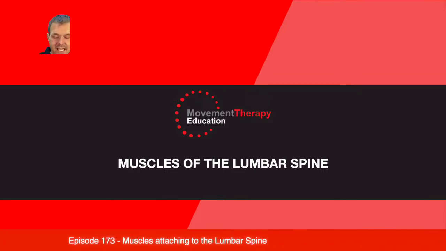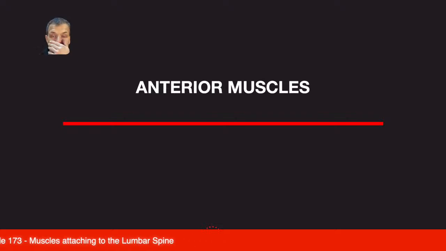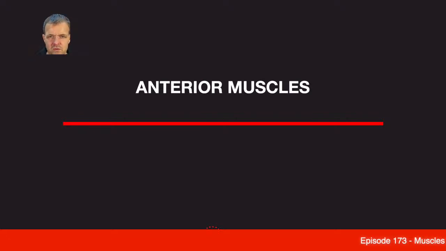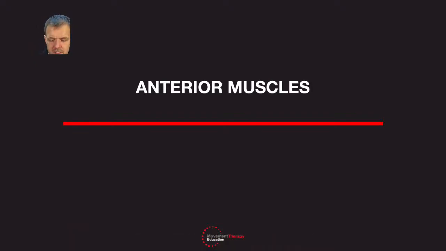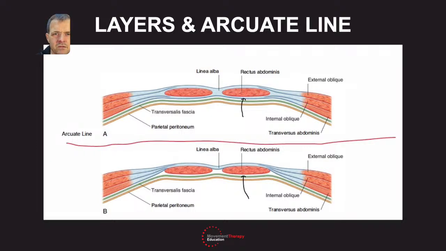Okay, so let's get you guys going. We're going to have a look at the anterior musculature first, and the abdominal region, if you like. So the muscles at the front, the six-pack area. Let's just get rid of that so we can see everything. There we go. Something I just wanted to introduce you to, because we'll touch on this as we go through, is something called the arcuate line in the abdominal wall.